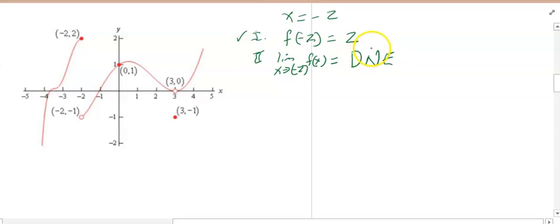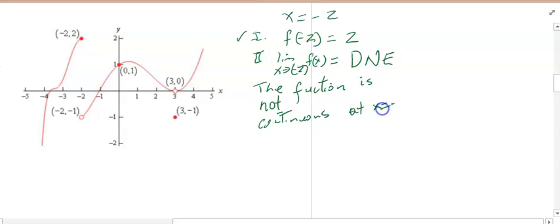Once you find any one of these not checking off, then at this point we can say that the function is not continuous at x equals -2.